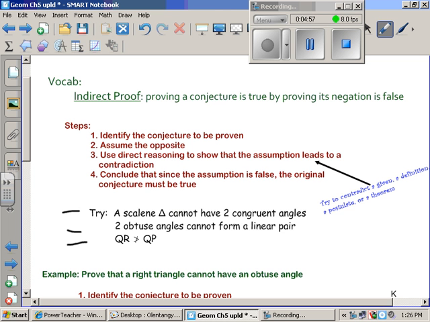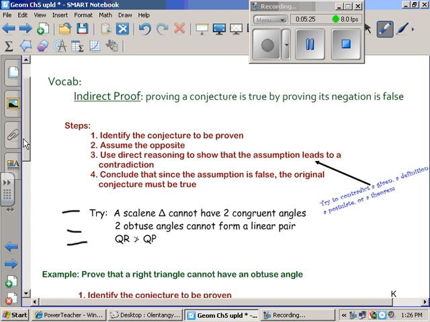For the next one, if QR is not greater than QP, my new inverse that I'm trying to prove would be QR is greater than QP. Okay? So you can identify those indirects. If it's going to be an indirect proof, it's going to have a not.